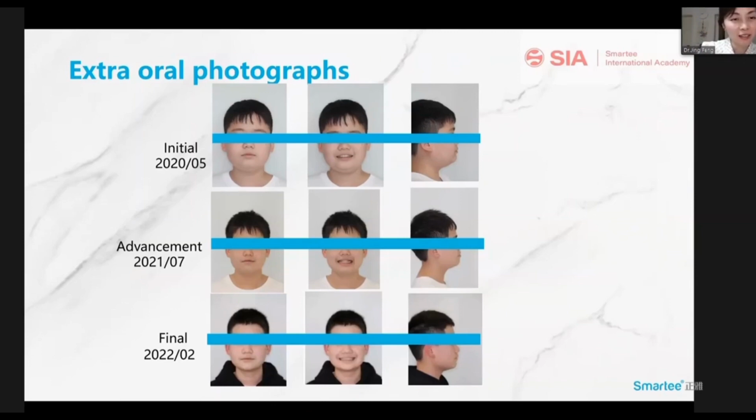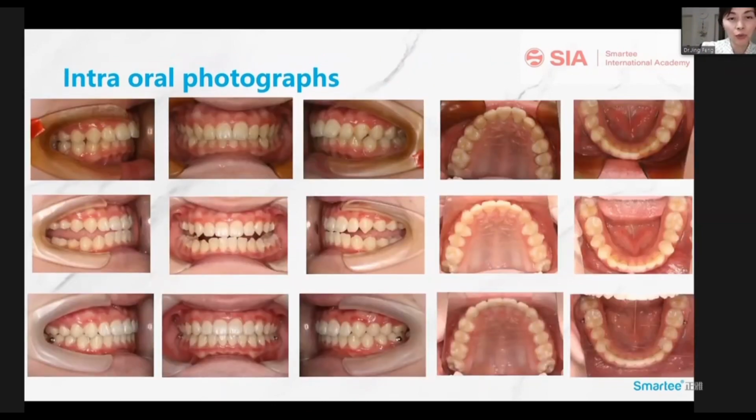And the intraoral photos, the midline. Take a look at the midline, partially corrected, and lost its own beautifully. In the molar relationship, both sides are class 1.